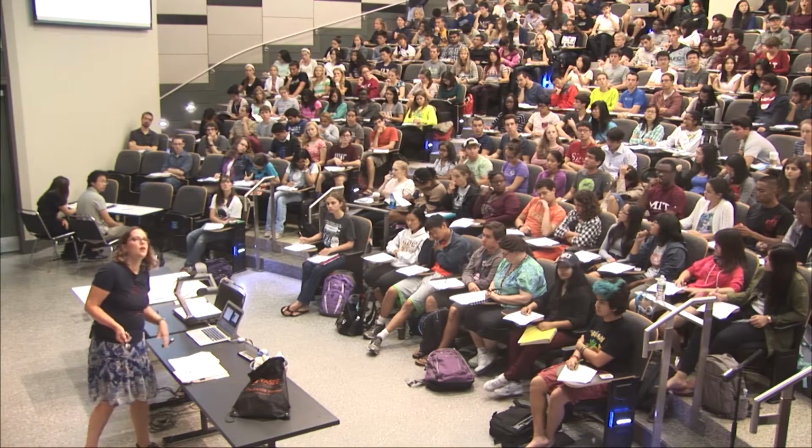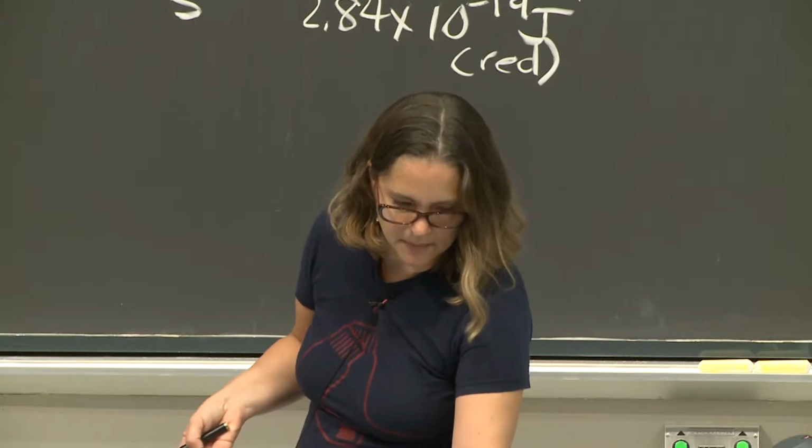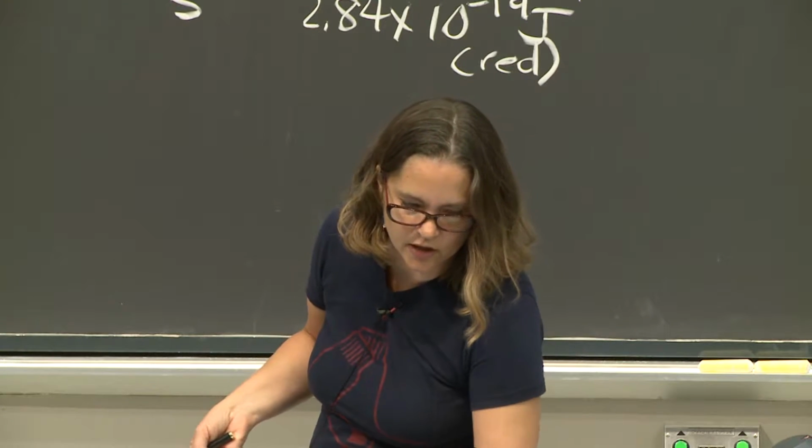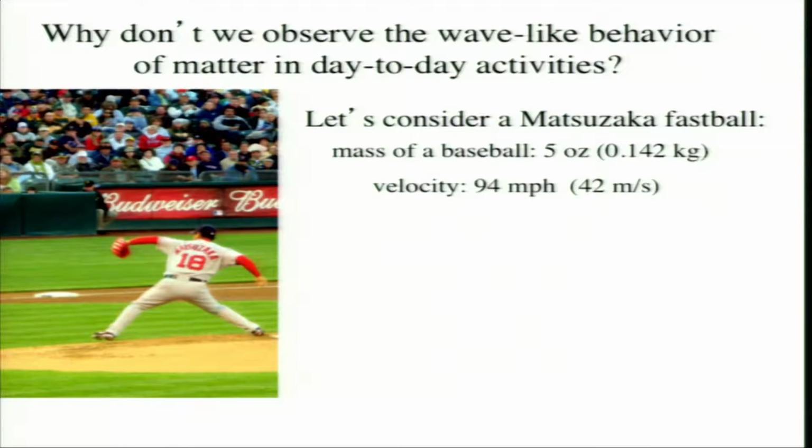Why don't we observe this wave-like behavior if in fact it is associated with particles? Let's think about this a minute. We can consider why, when you go to Fenway Park, and you should, because it's fun, and you watch someone throw a fastball, you don't see a wave associated with that fastball.